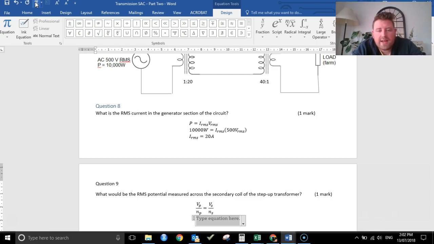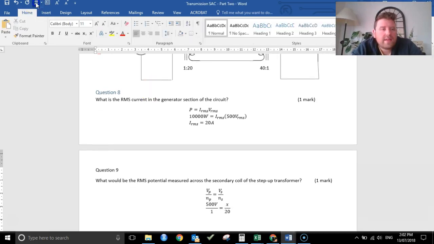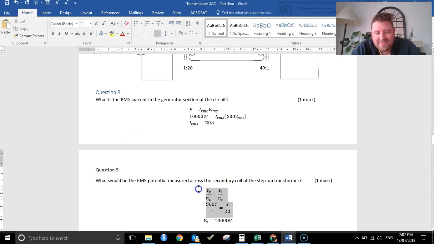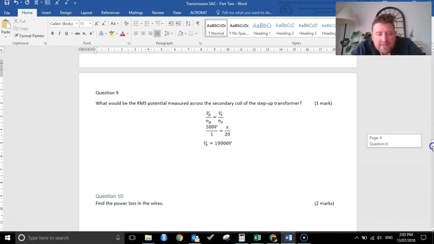On the primary side, we have 500 volts and 1 turn or whatever it is, which is going to be 20 times less than the other side. On this side, we have X and 20. So we end up getting V secondary equals 10,000 volts. I've made that more mathematically opaque than it needed to be, but we just need to multiply the voltage by 20, because we're stepping it up. So we got 10,000 volts there.